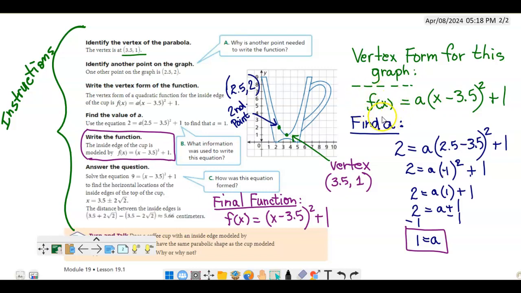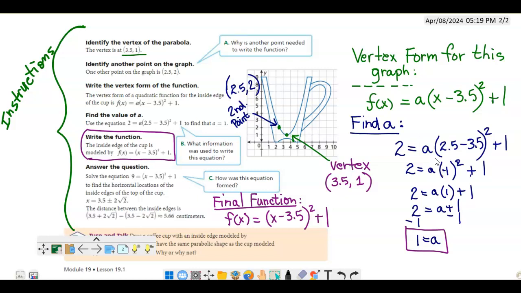F of x, as you remember, means the same thing as y, and x is x. So I'm going to plug in my values for my second point. See, we have 2.5 here in place of x, and we have 2 in place of f of x, or y. Now you can see that the only variable I have is A.